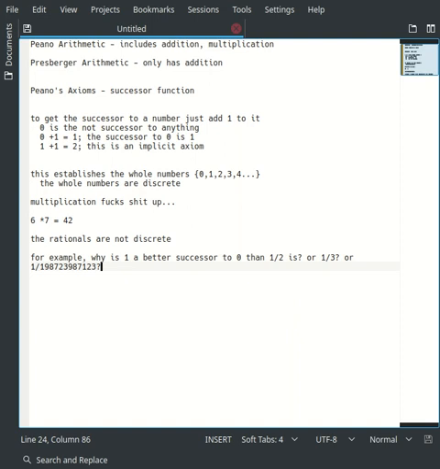Once you introduce multiplication, you get this, and this introduces problems. It doesn't quite get us to the level of problem of the continuum hypothesis. We're not quite there yet.